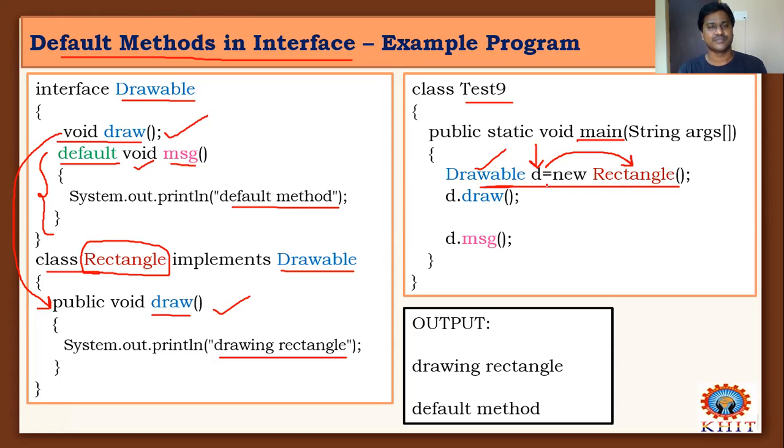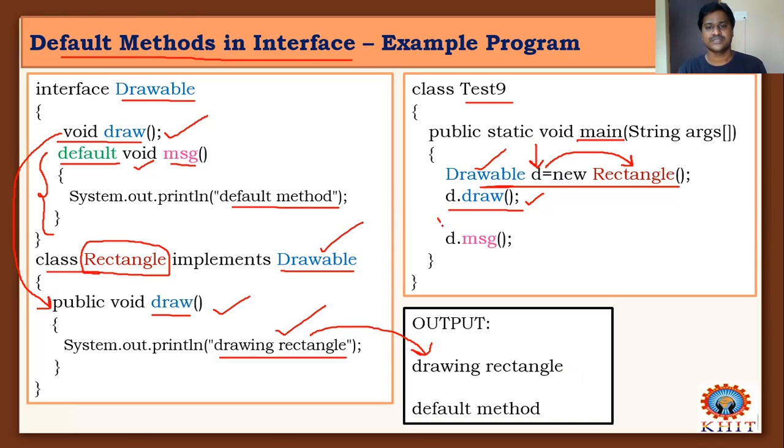This concept we already covered, how and why, in the previous video very well. Using this reference variable of the interface, we can call the method implemented in the class which implements this interface. It's a valid statement. When it is executed, this method will display on the screen like this, right? Next one.